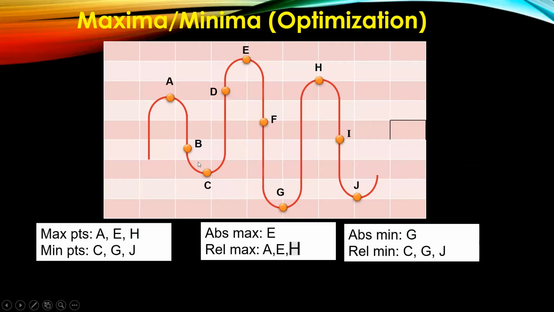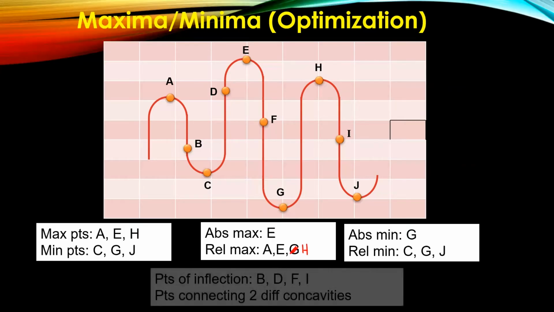Now, in between those points, there are still some points. Can you identify those points that are not maximum or minimum? What letters are they? B, D, F, and I. So B, D, F, and I are points between the maximum and minimum, right?